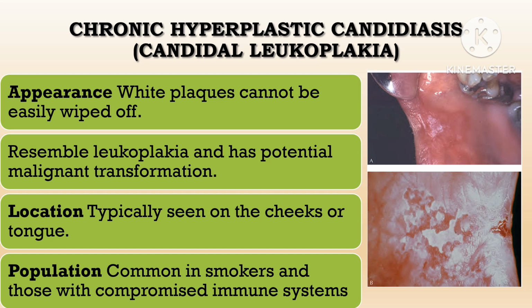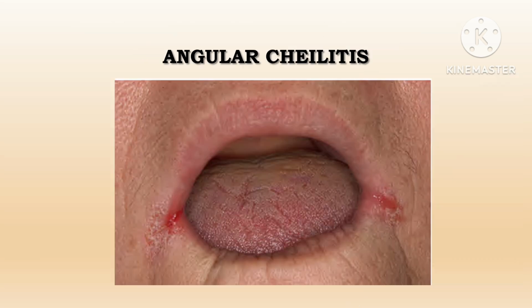Now we'll read about the two Candida associated lesions. The first is angular cheilitis, then the second is median rhomboid glossitis. Angular cheilitis presents itself as infected fissures. It presents as cracking, redness, and soreness at the corners of the mouth, and it is often surrounded by erythema.